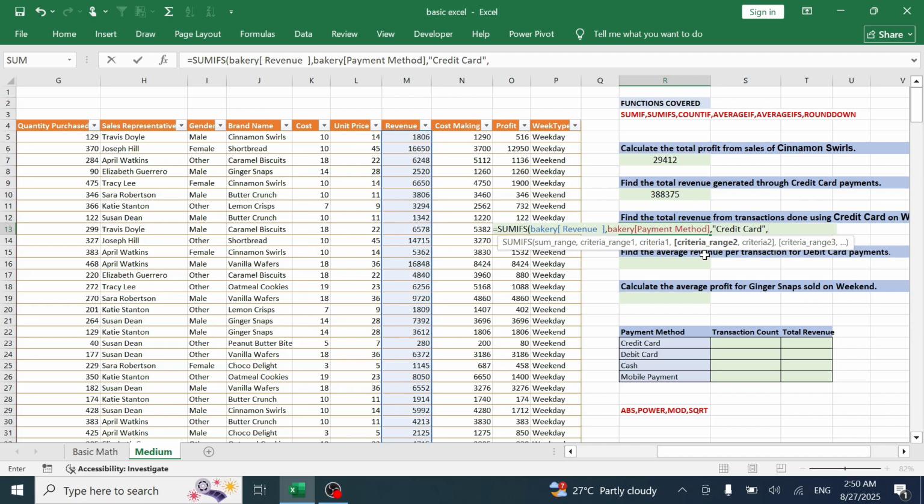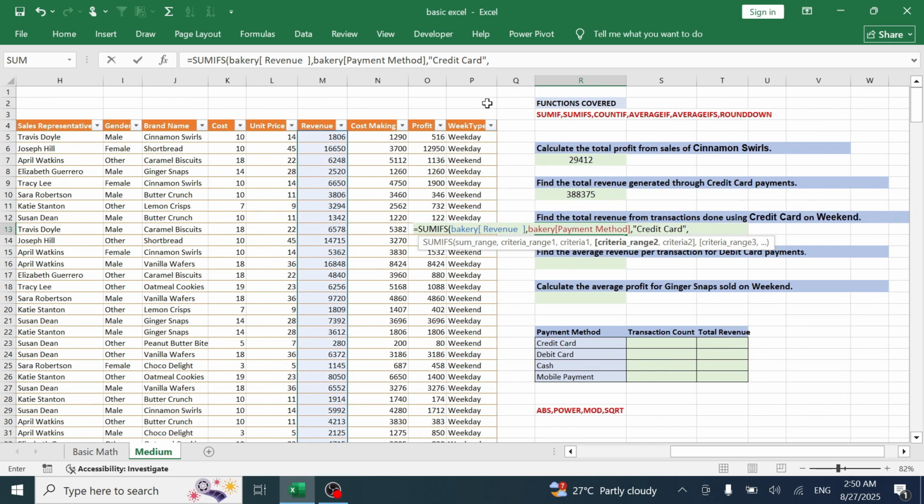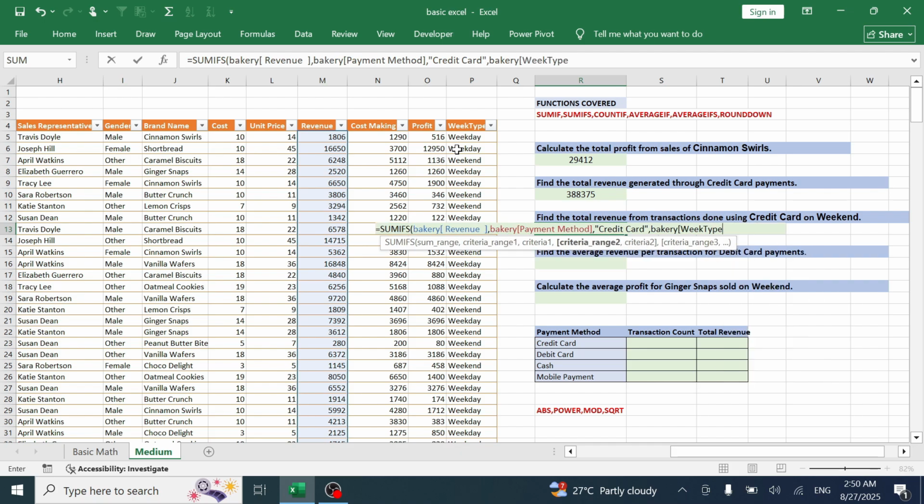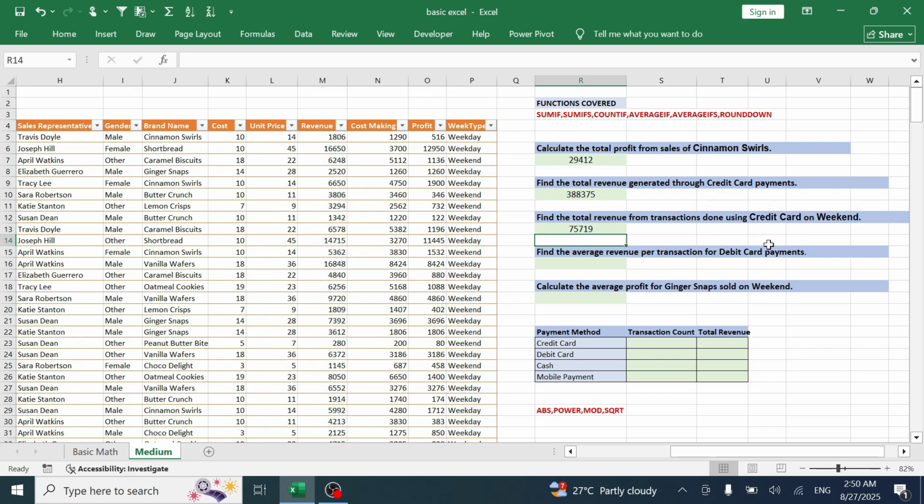Now it is asking for criteria range 2, which is the week type column. Criteria 2 will be weekend. Now close the bracket, press enter. The answer is 75,000, the total revenue generated from credit card on weekend.